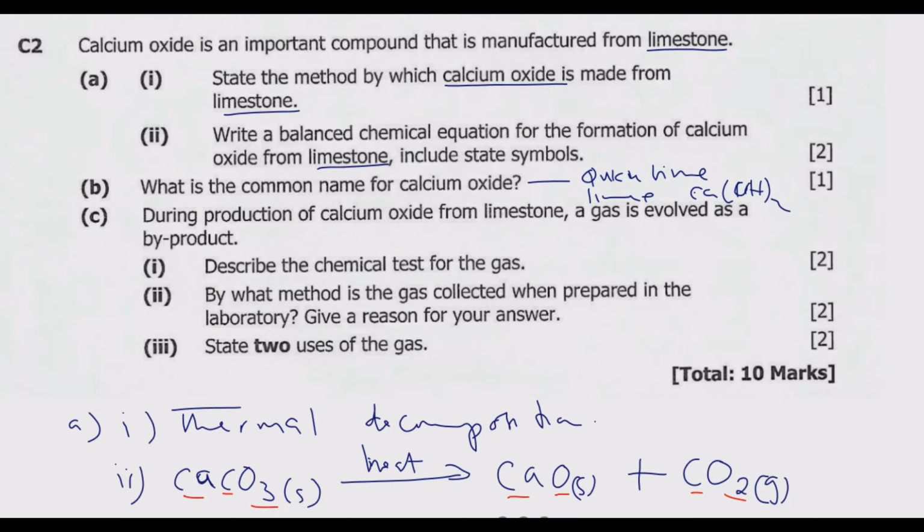We look at question C. During production of calcium hydroxide from limestone, a gas is evolved as a byproduct. Roman numeral 1 of C: describe the chemical test for the gas. How do you test for this gas, which is produced in this reaction, carbon dioxide?